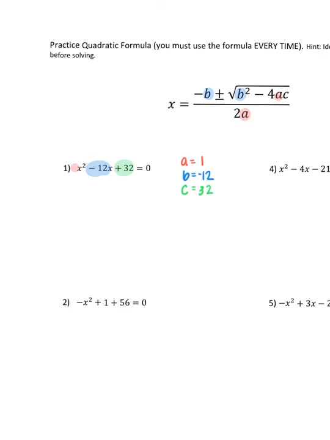Okay, so now let's start plugging this into our formula. So we have negative, and I like to put it in parentheses, B. In this case, B is negative 12.